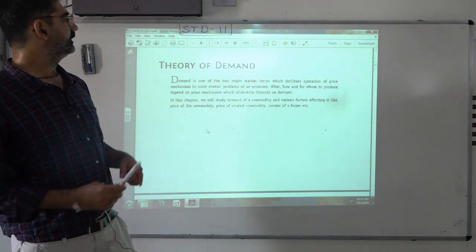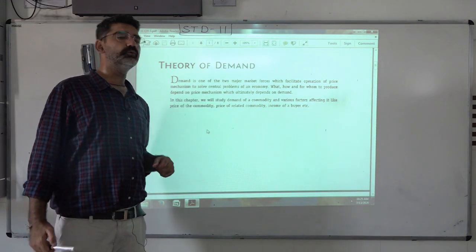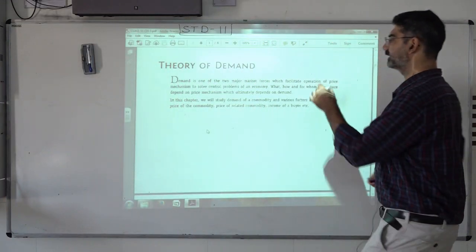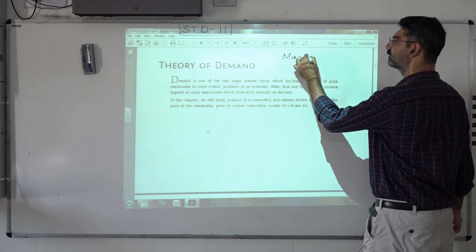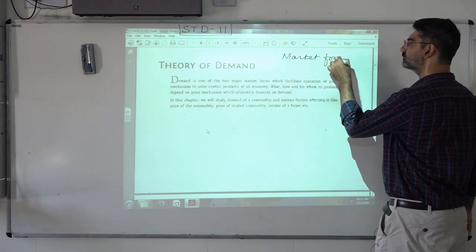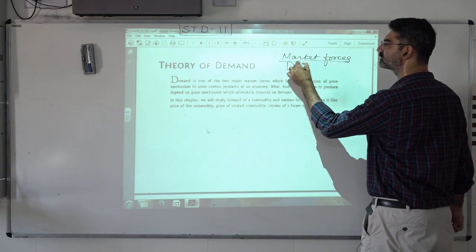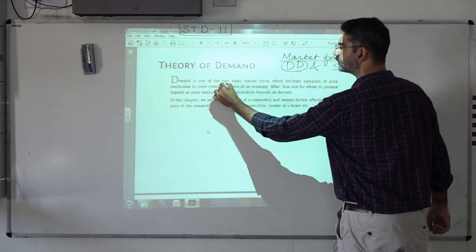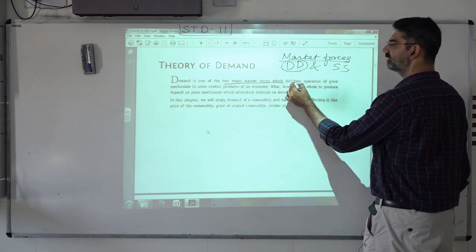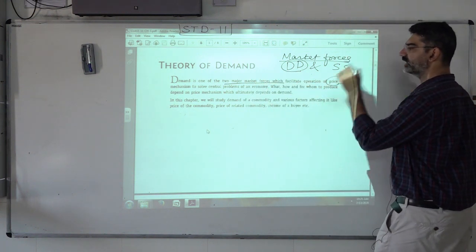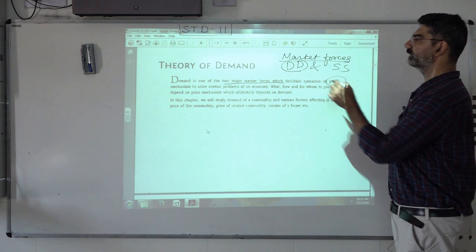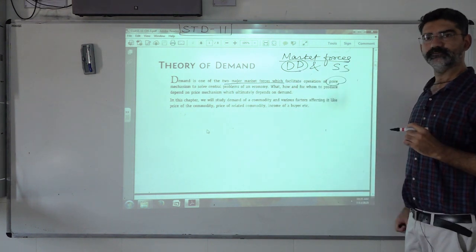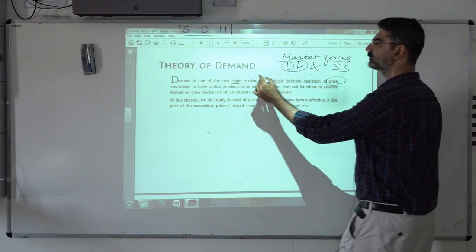Demand is one of the two market forces. Actually, market forces कौन से हैं? There are two market forces: demand and supply. So, demand is one of the two market forces which facilitate operation of price. कोई भी प्रोडक्ट की प्राइस डिसाइड करने में डिमांड एंड सप्लाई है, वो market forces कहलाते हैं. So here we are going to talk about the demand.